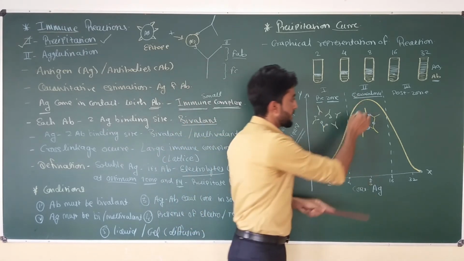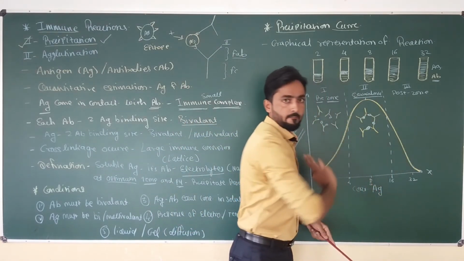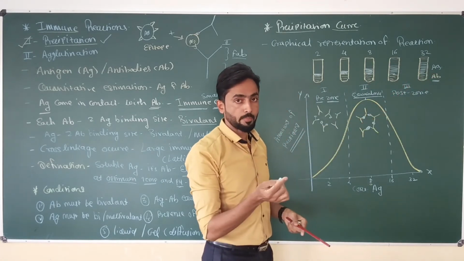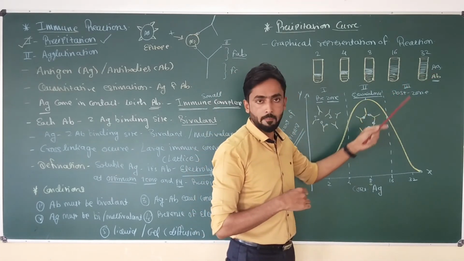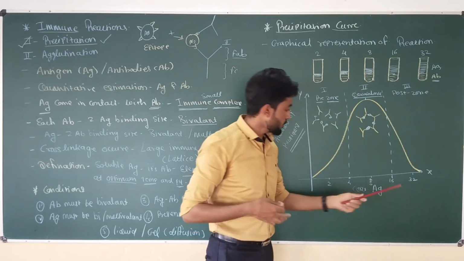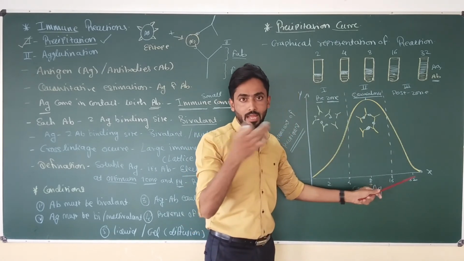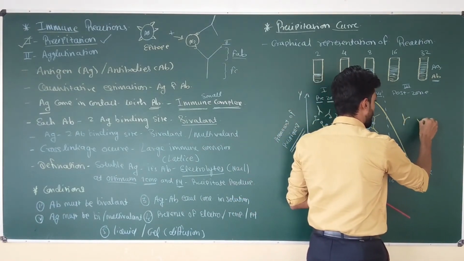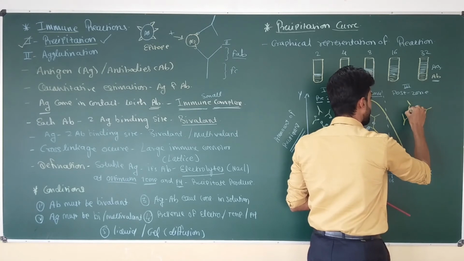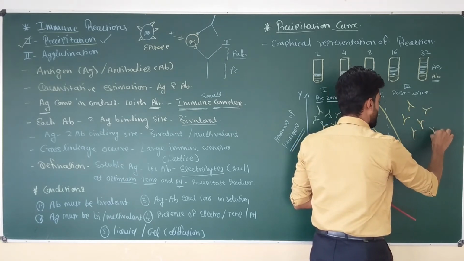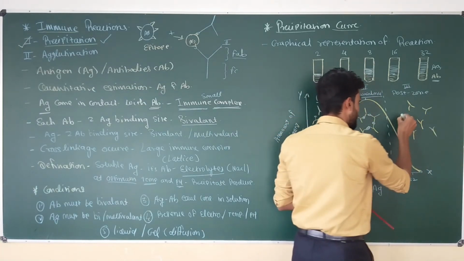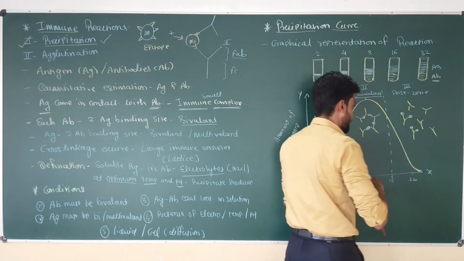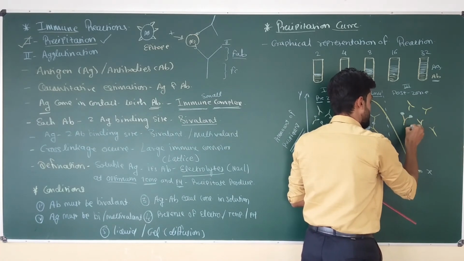Now, if we further increase the concentration of antigen in tube number 4 and 5, then what happens? Now the post zone comes. In the post zone, the concentration of antigen is more than the antibody, and the antibodies remain free. They are unable to cross-link because, as antigens are in excess, each antibody binds to different antigens.